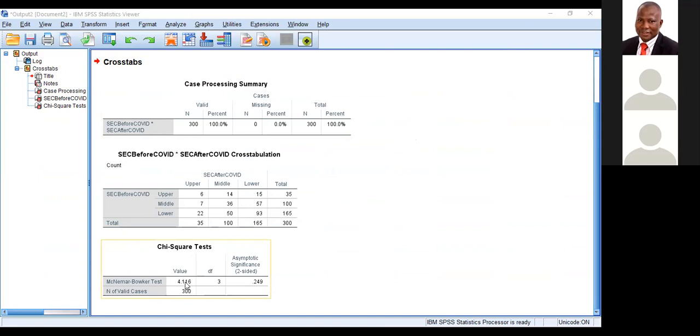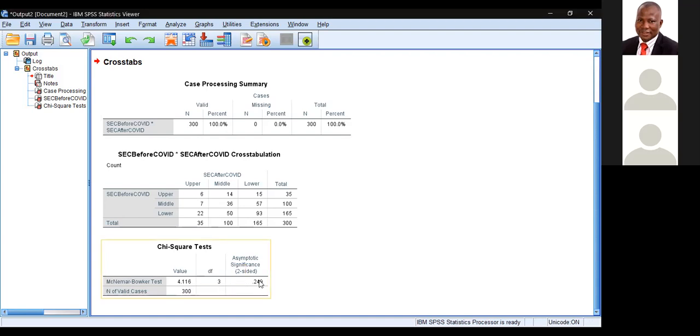It's not significant because it's very small. Look at the degree of freedom. This one, the computer calculates chi-square for you, unlike McNemar. When the category is more than 2, it will be able to calculate it for you, and that's McNemar-Bowker. Can you see? And it's not significant. Degree of freedom 3.